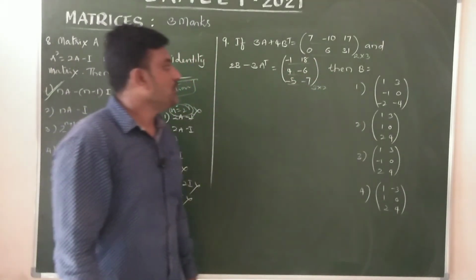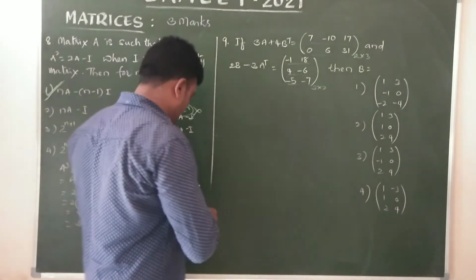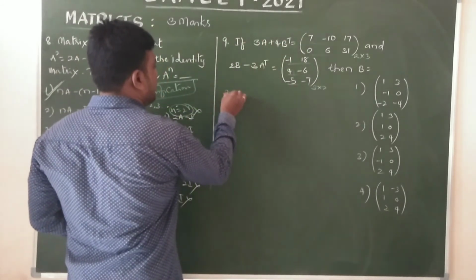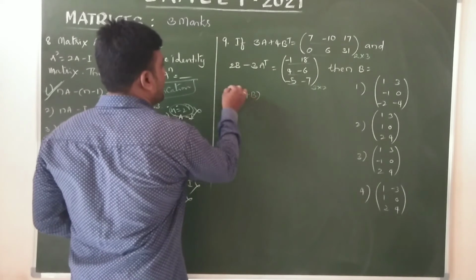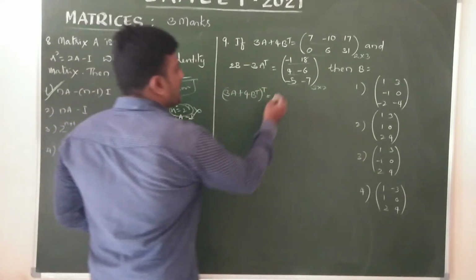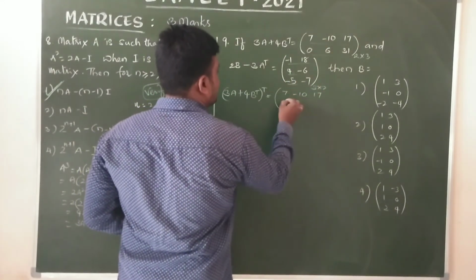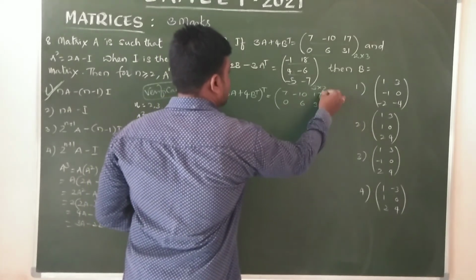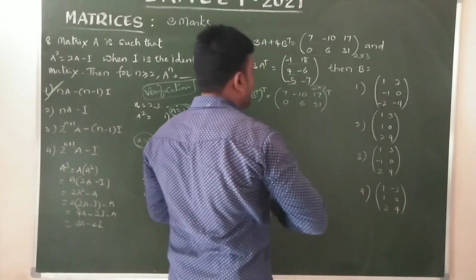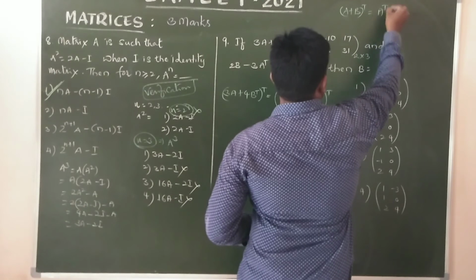So first of all, we have to equalize the orders. That's why I am taking the transpose of the first one. 3A plus 4B whole transpose, whole transpose, equals the transpose of this one, [7 -10 17; 0 6 31] whole transpose. Clearly, A plus B whole transpose equals A transpose plus B transpose.